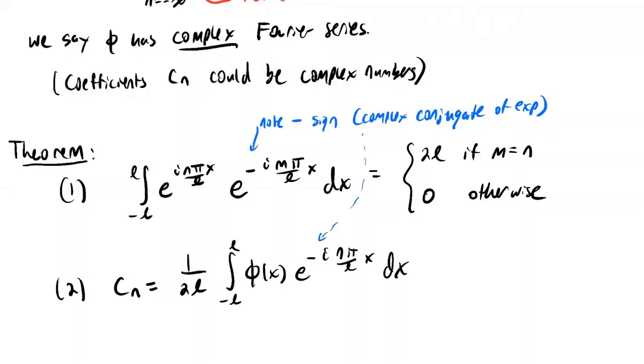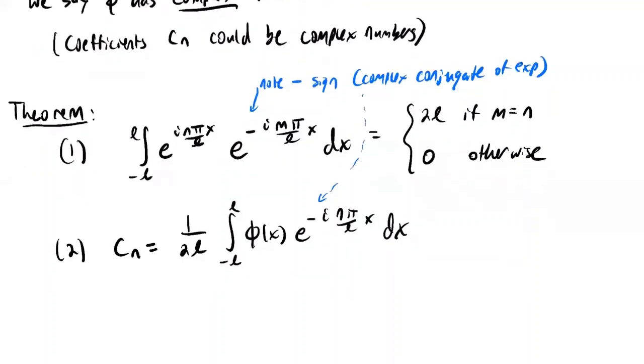If you forget the minus sign, you'll be calculating the coefficient for minus n instead of n. So it's important to remember this. And this bullet point 2 assumes that my function phi of x is equal to its Fourier series.